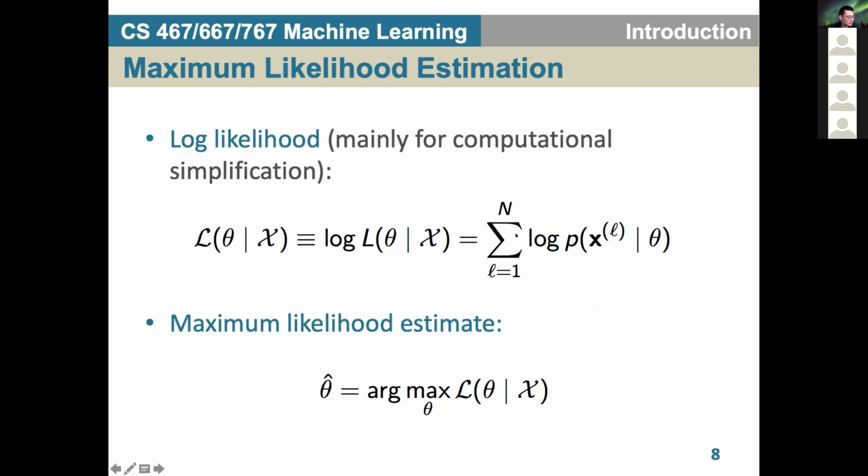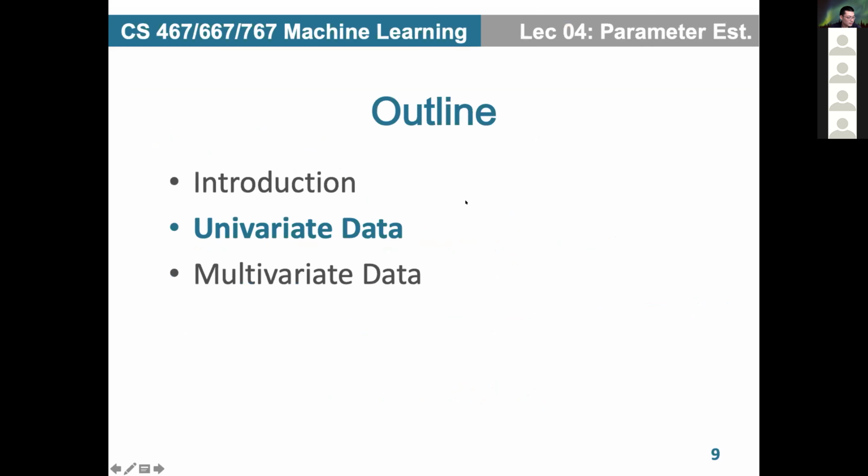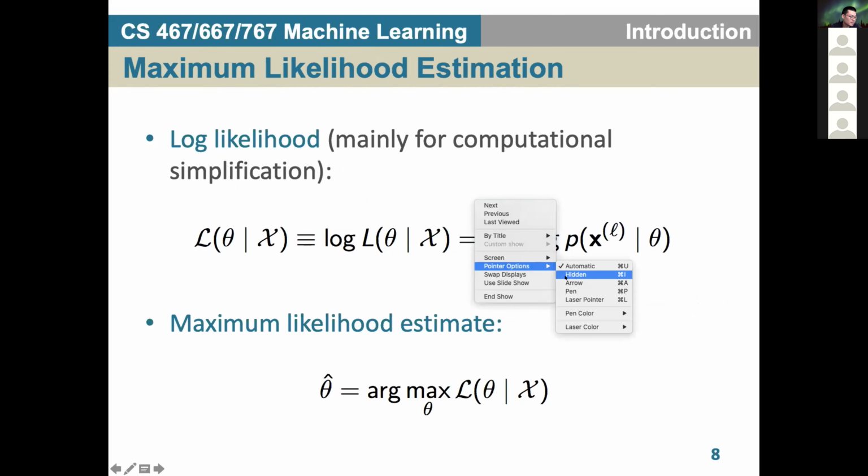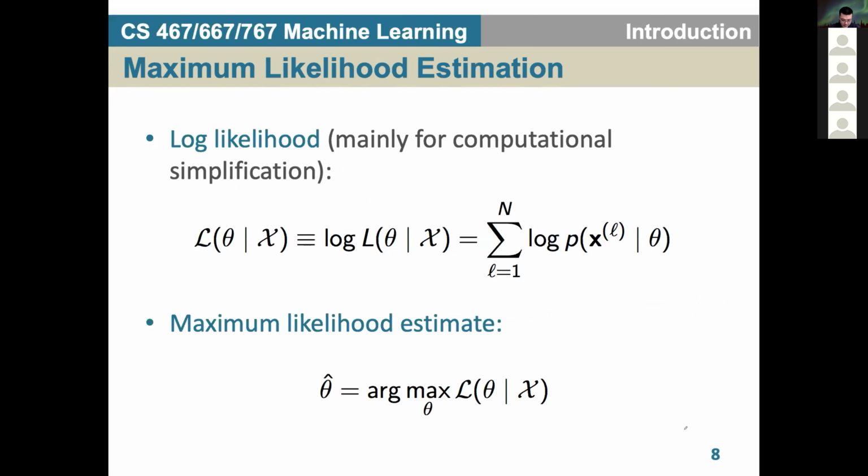Okay, so for example, if you consider, let me just do this. Say this is theta and this is L. We are finding this particular theta where your L value is the biggest.